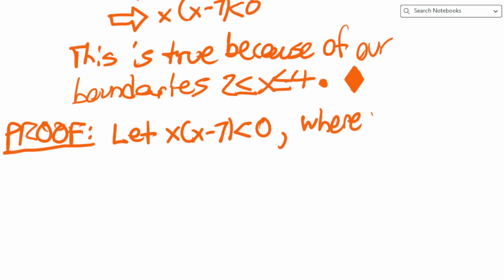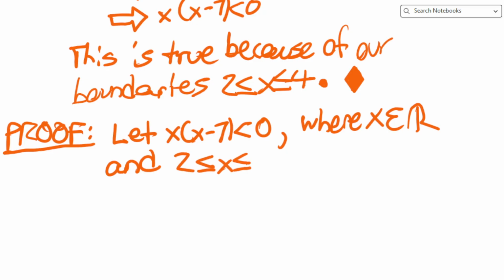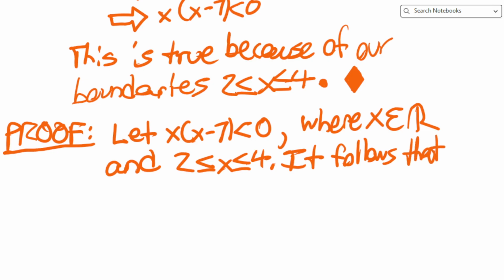And let's make sure we define our variable slash symbol x, where x is a real number, and x is less than or equal to 4, so it follows that.